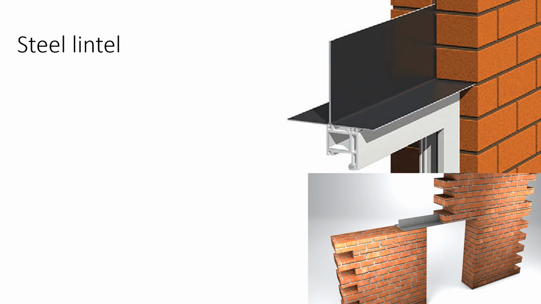Now this is a steel lintel. Here we can see how it is inserted into a brick wall. Here steel angles or joists. Which section is this? Two angle sections are placed back to back.